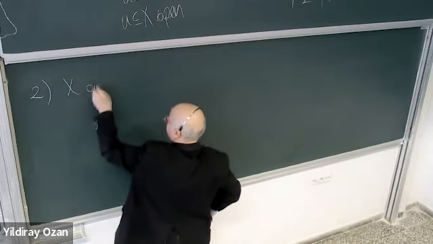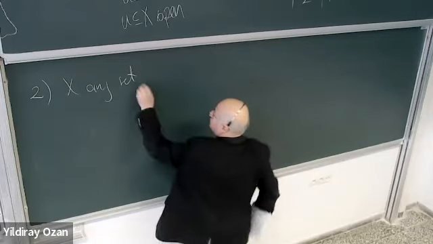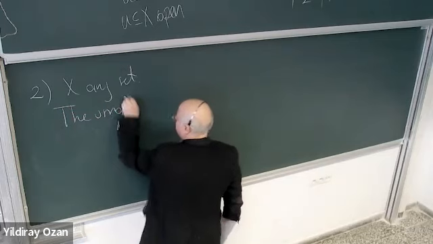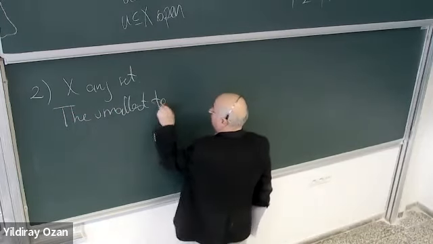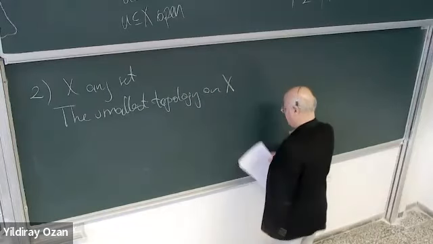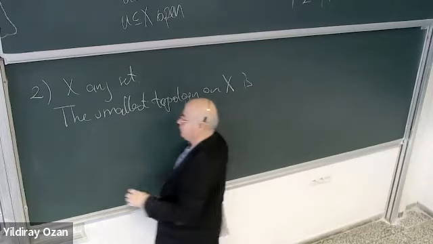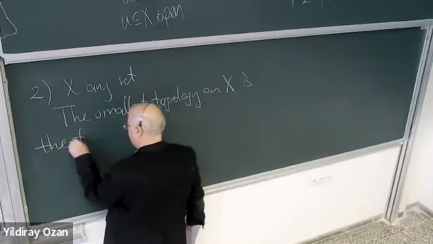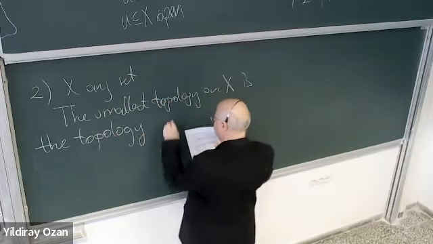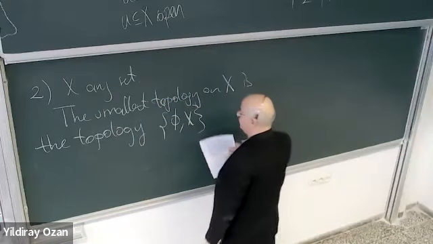Okay, so these are two examples of finite topologies, but there are of course more. Let's take any set. The smallest topology on X is the topology consisting of empty set and X itself, right?